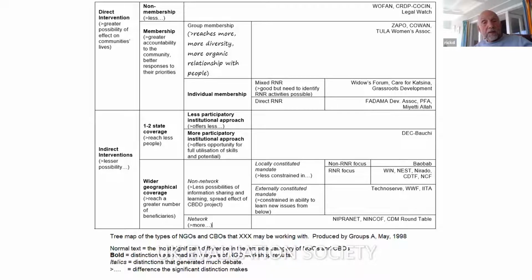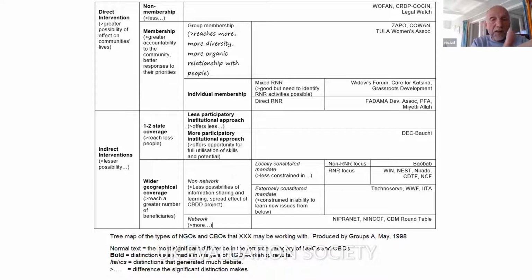And so you can see the big difference on the left-hand side is that these NGOs here are involved in direct interventions into the communities, whereas the other ones are involved in more indirect interventions. And then in the brackets after that, I've got, well, what are the implications? The implication of being involved in more direct interventions is having greater possibility of effect on the community's lives, whereas it's less so the case with the indirect interventions.